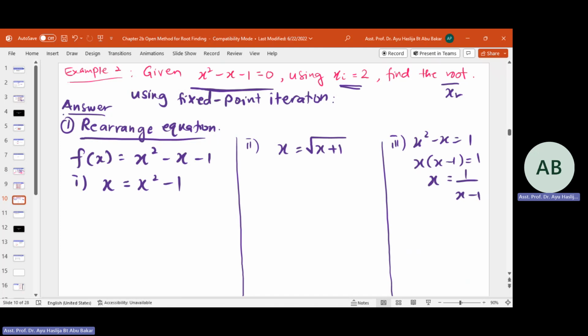Which one to be used? We need to check which one of the equations is correct to proceed with the iteration. Now let's try equation number 1. You try to do the iteration.